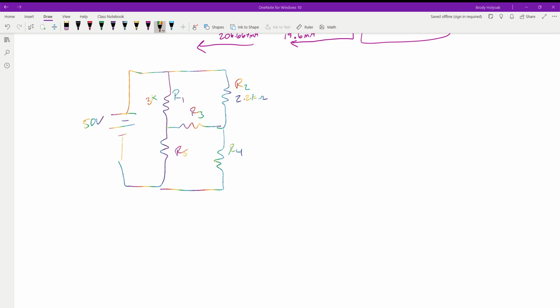R3 is 4.7 kiloohms, R4 is 4.3 kiloohms, and R5 is 1.2 kiloohms. Okay, what we're looking for is R Thevenin in kiloohms, V Thevenin in volts, and the voltage itself across R3 in volts.